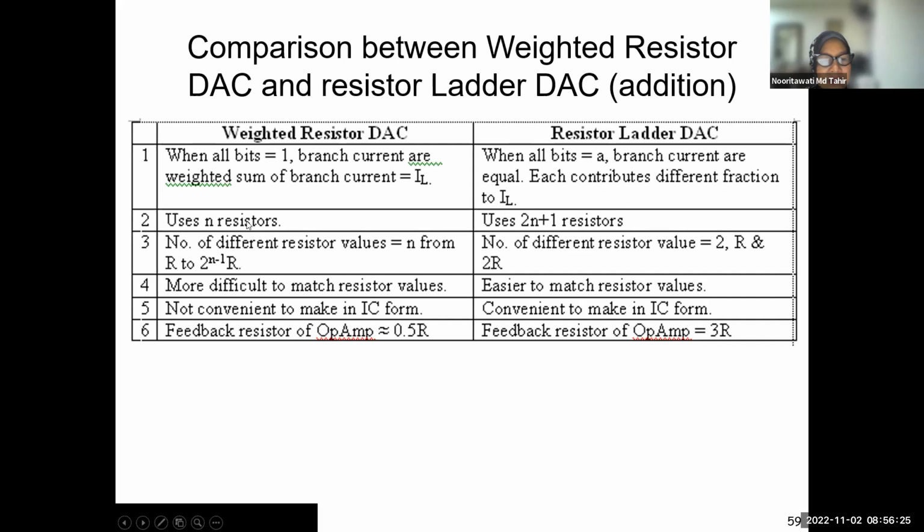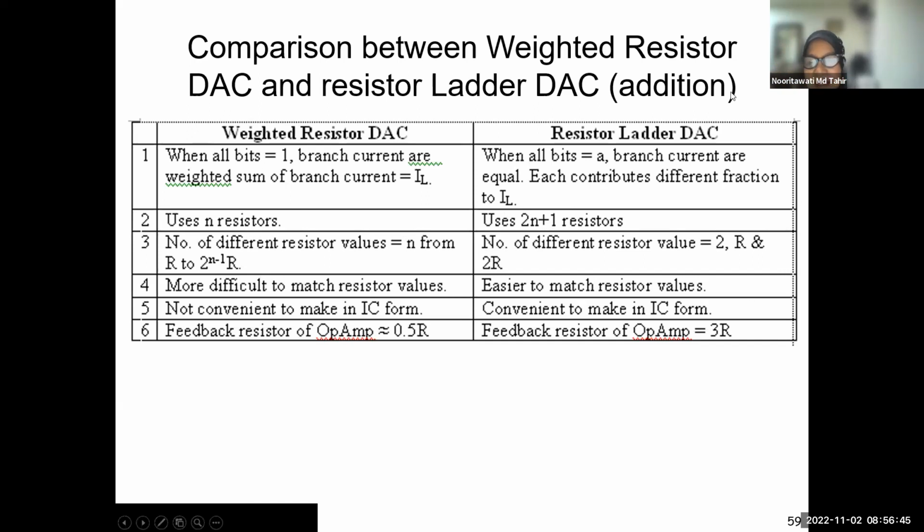This uses n resistors, whereas this uses 2 to the power n plus 1 resistors. It has an extra resistor there. For the weighted resistor, the resistor values are different. If there are 4 bits, we need 4 different resistors, which are R, 2R, 4R, and 8R.